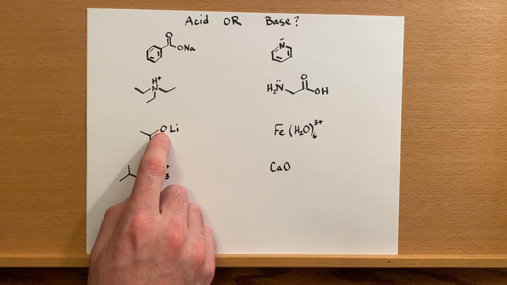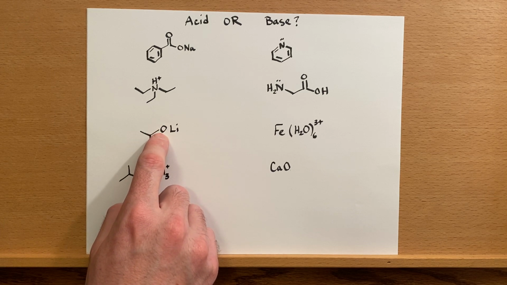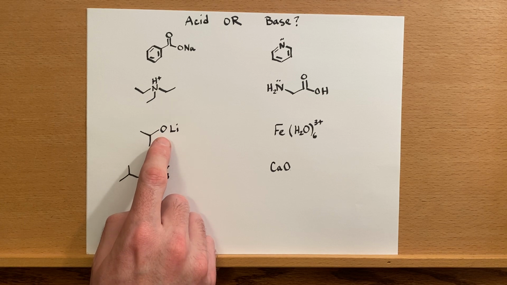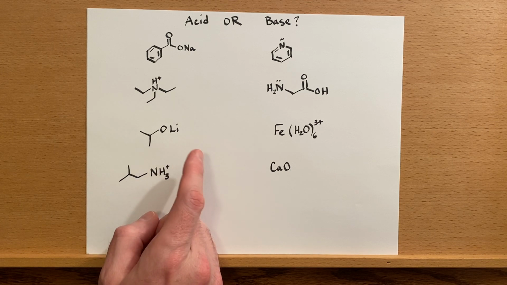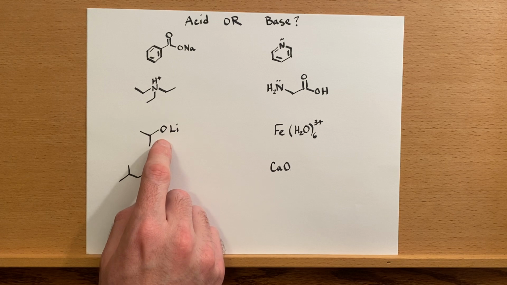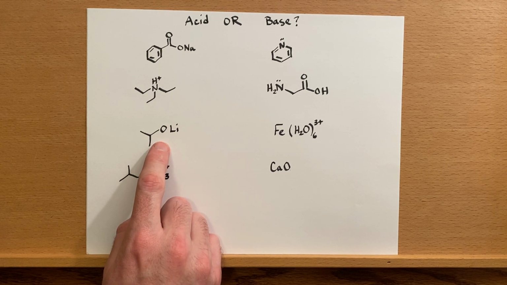This is a very highly charged, very focused negative charge right here on the oxygen. It will want that hydrogen back, and so any chance that it has to grab it off of something that could give it a hydrogen, it will. This is a very strong base. Very strong. It is quite dangerous to handle.